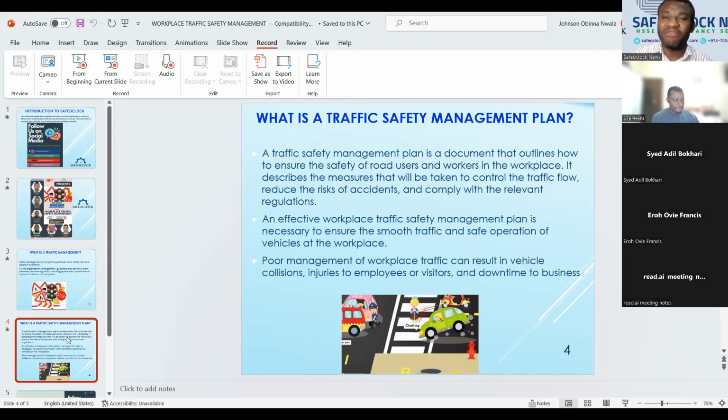For you to have an effective traffic safety management plan, you should involve everyone in the workplace. You are not just talking about the equipment or the vehicles alone. Traffic management involves pedestrians as well. So everyone in the workplace should be properly involved during the development of the traffic management plan.